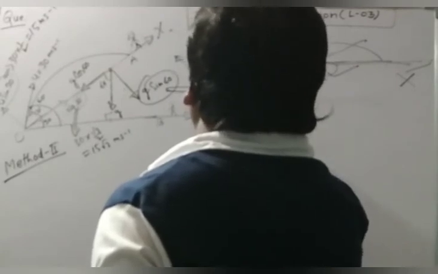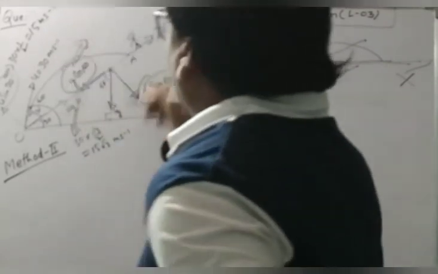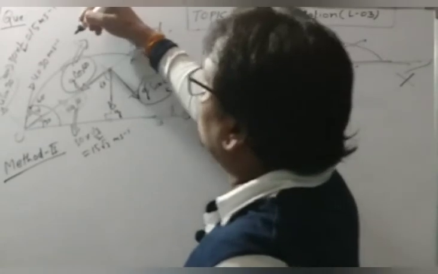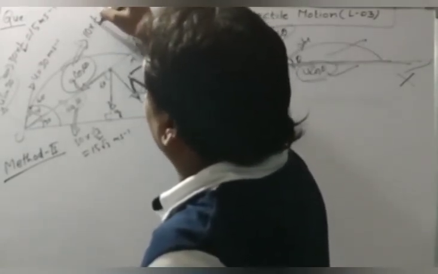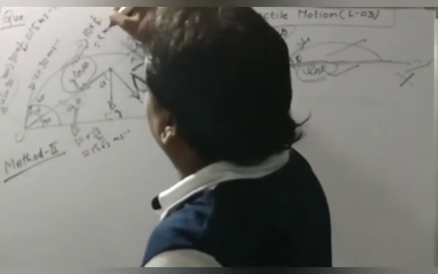This g is 10 and sin 60 is root 3 by 2, and this will finally give you 5 root 3 meter per second square. And the horizontal component of g, that is g cos 60, will be 10 times cos 60, which is 1 by 2, that is 5 meter per second square.